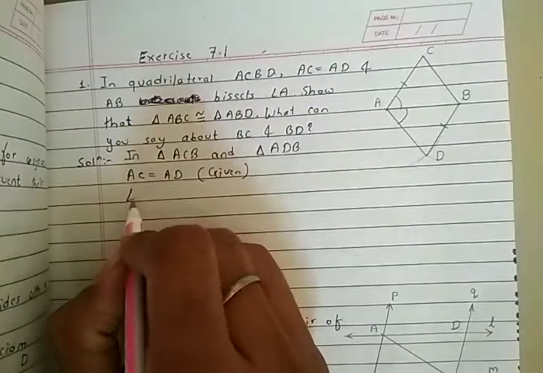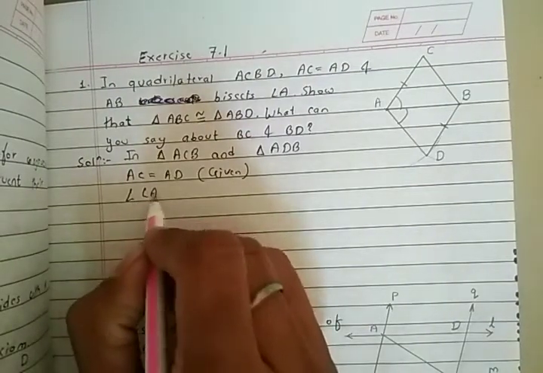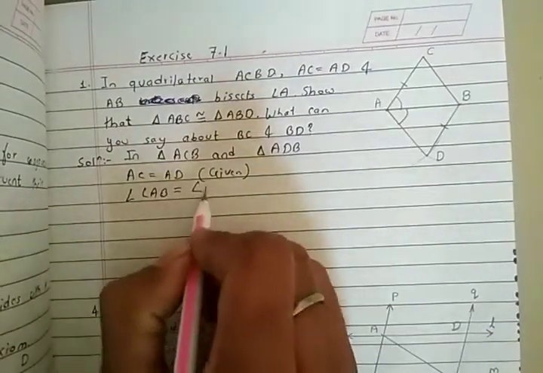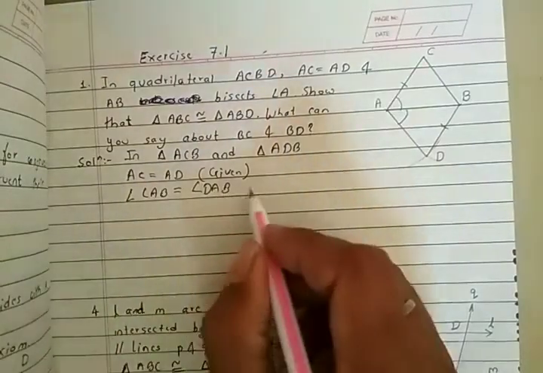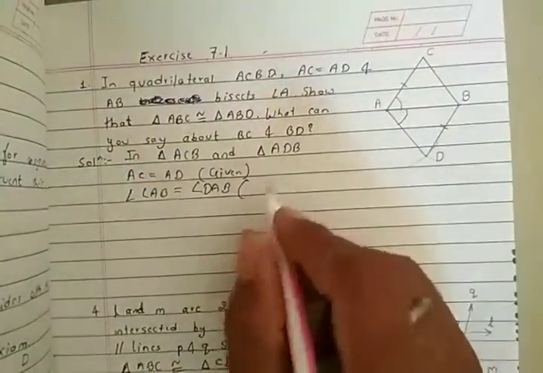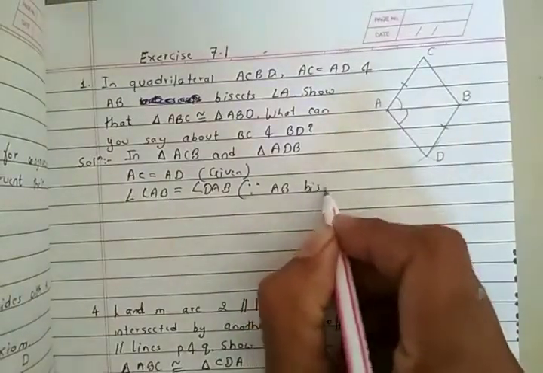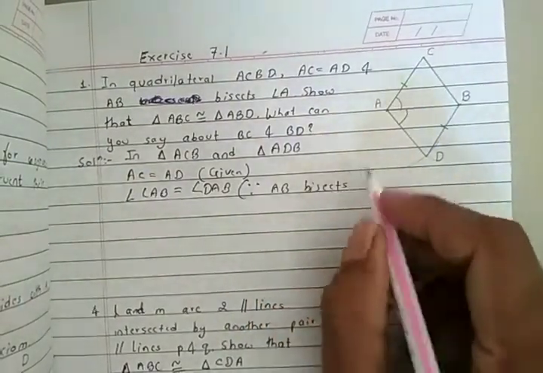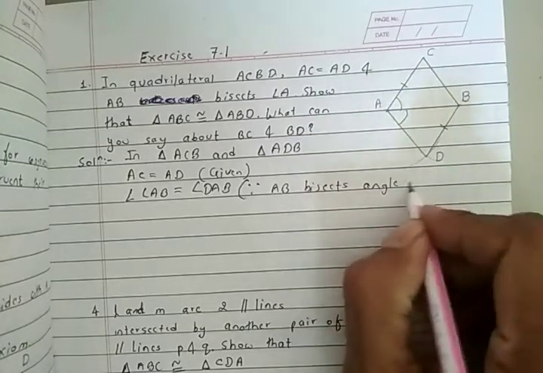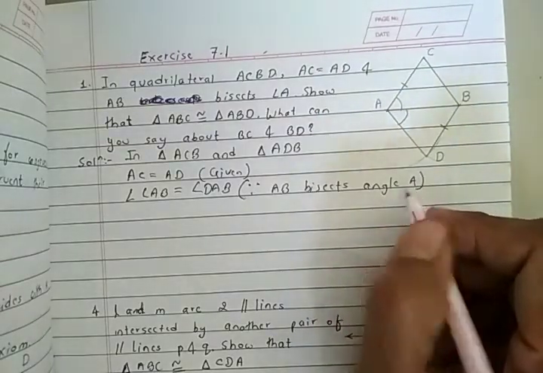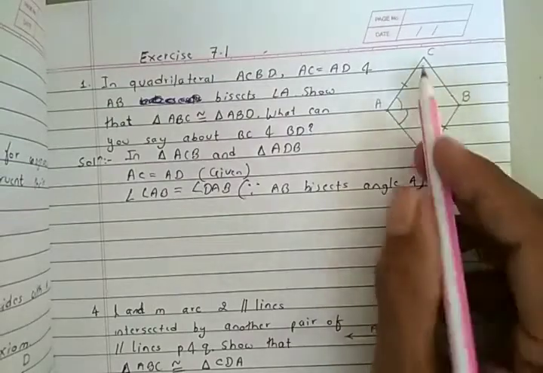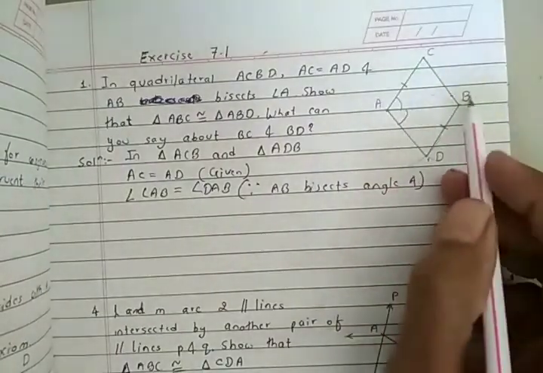And here angle CAB equal to angle DAB, right? These both are equal because AB bisects angle A. So these both angles are equal, CAB and DAB.